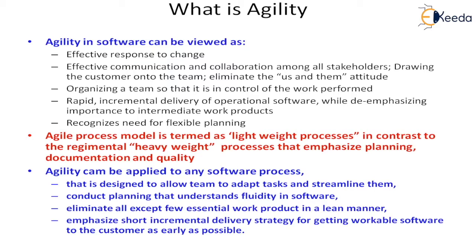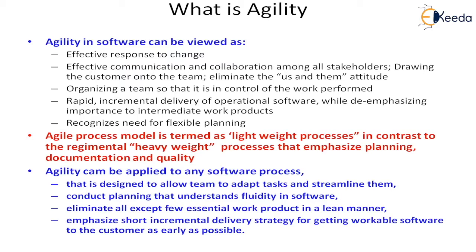And the process should be able to conduct planning that understands fluidity in the software. So it should be dynamic. We should be able to take the change because there is a fluidity in the software. The software development itself has to keep on changing depending on the environment change, because the environment changes, therefore there is a fluidity in the software, and therefore the planning has to take care of it.